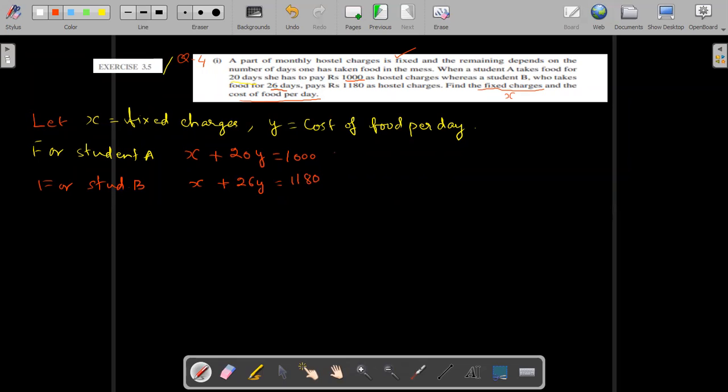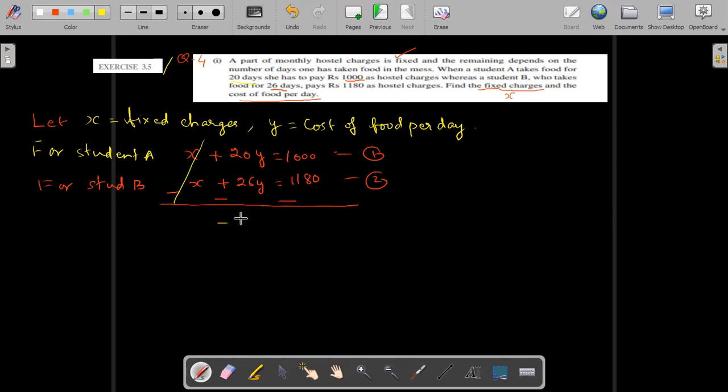That's all. So this is our equation number 1, and that is our equation number 2. It is easy to use the elimination method. Just subtract directly because coefficients are same. You can write minus, minus, minus, and we get x will cancel.